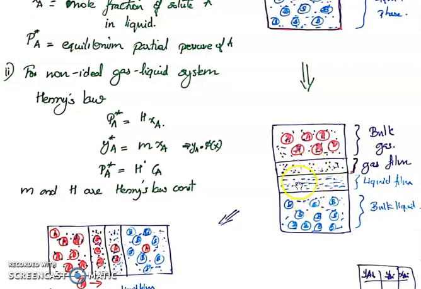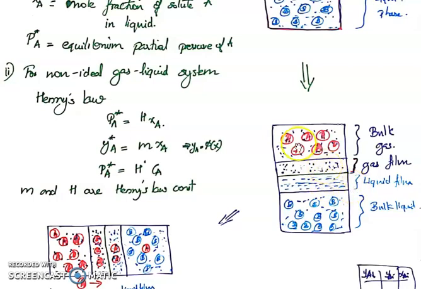Similarly, the liquid molecules which are free to move in the bulk, when they approach the interface, will come to rest and form a liquid film just below the interface, like you see here. This area represented by small lines is the liquid film where the molecules are at rest. So we have a liquid film here and we have a gas film here.